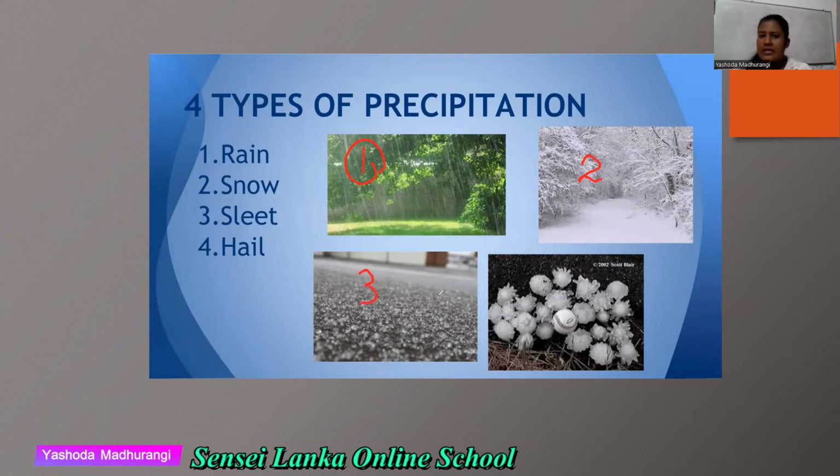In Sinhala we say tuhina. Then hail. Hima ball. Balls of snow. So these are the types of precipitation. In our lesson, we are learning number 1. What is it? Rain, rainfall. Now I think it is clear for you.